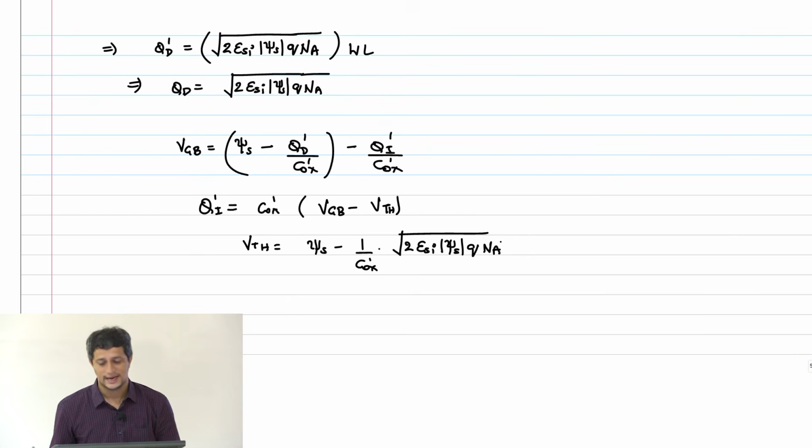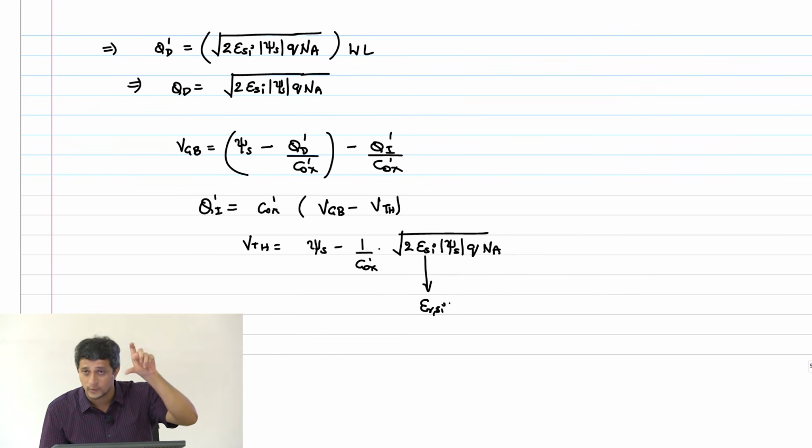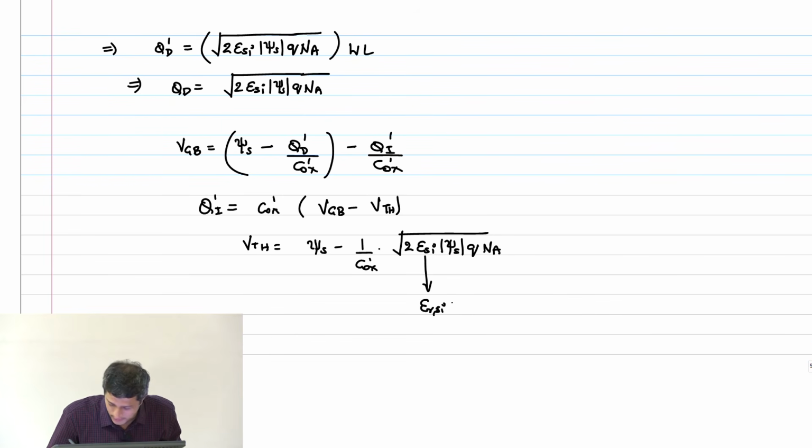Note that this is epsilon R of silicon, not silicon dioxide, because this is in the silicon substrate. Therefore, you are solving Poisson's equation there, the epsilon will come from silicon, not silicon dioxide, into epsilon naught.